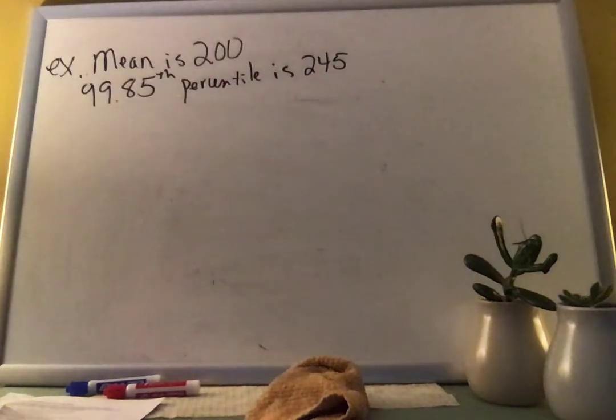So not much context. I'm just trying to give you the meat of a problem. The mean is 200. The 99.85th percentile is 245. So pause the video, do your whole setup, then come back.